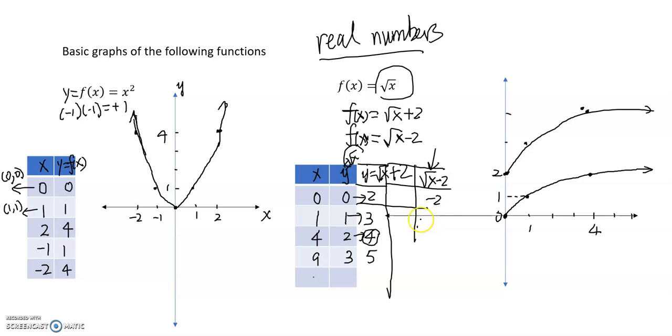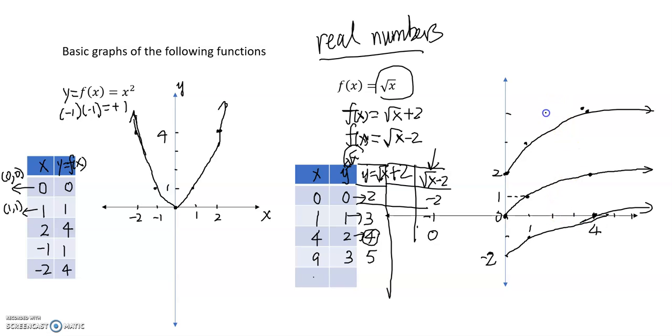That's going to give me -2, -1, and a 0. So originally we got a 0, subtract 2, that goes down to -2. And this 1 goes down to -1, and this 2 goes down to 0. So that gives us a curve that looks like this.